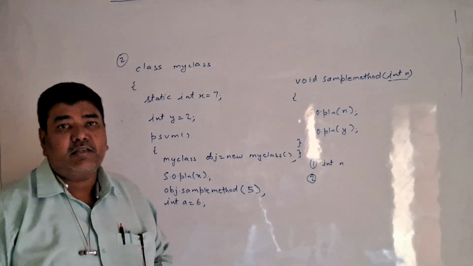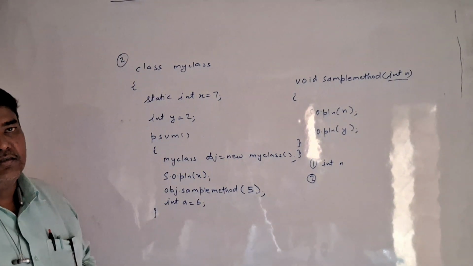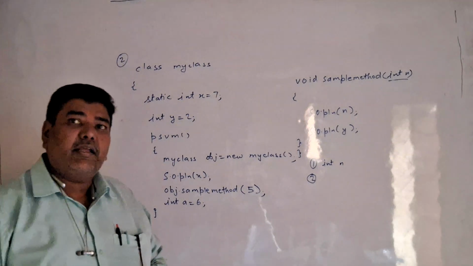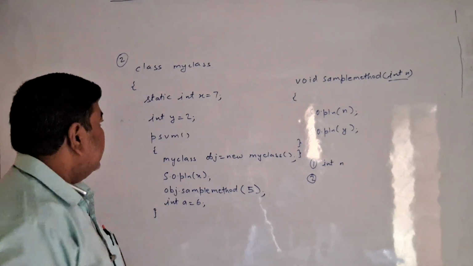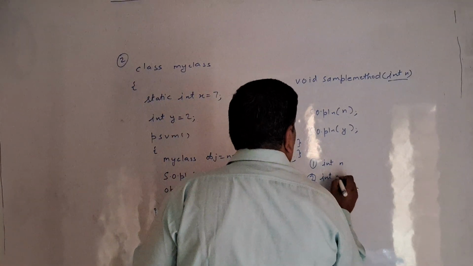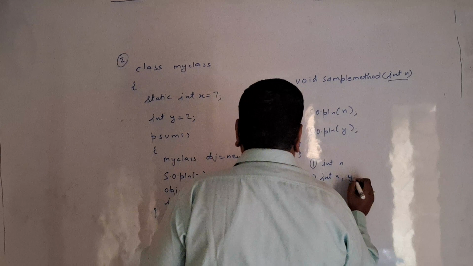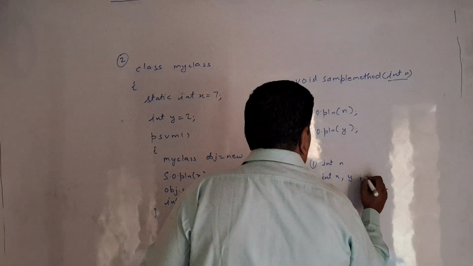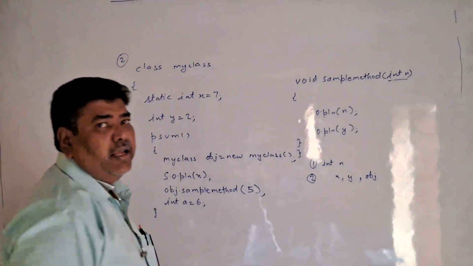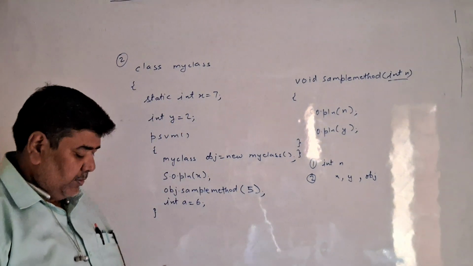Now class variable is a bit confusing, children. Class variable means it can be member variables also, it can be object also. So we will write int x, y both, as well as obj. You can remove it, you can write only names also, x, y and obj.